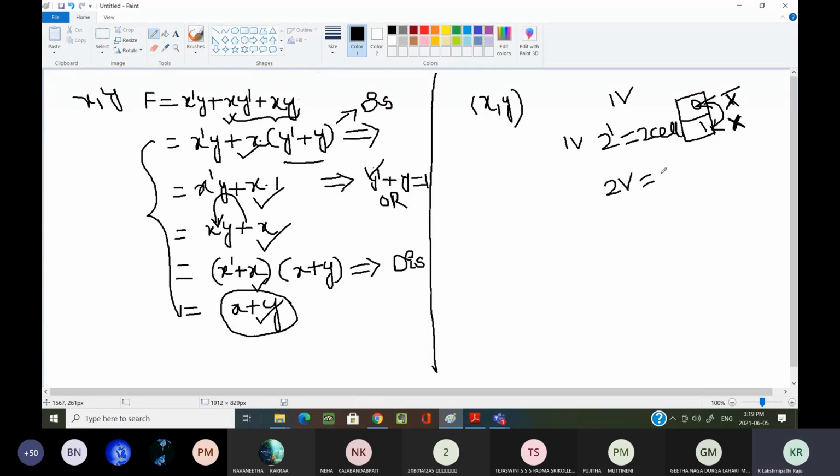Now, if it is a two variable map, how many cells does that map contain? Four cells. If it is a two variable K map, these are the four cells.